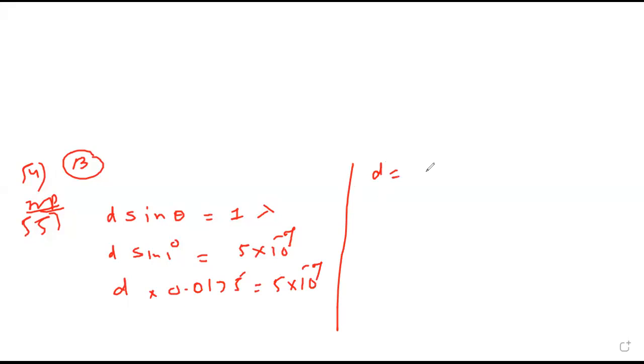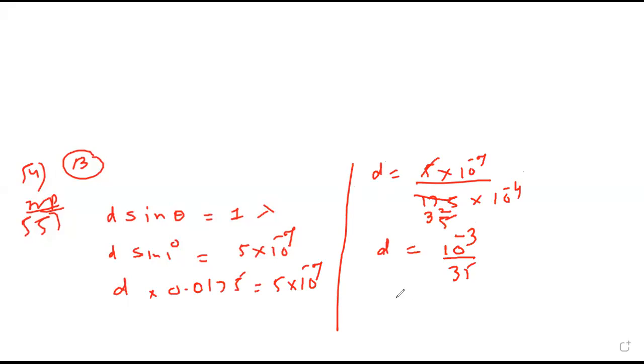Therefore, d will become 5 into 10 raised to minus 7 upon 175 into 10 raised to minus 4. 5 into 3 is 15. 5 fives are 25. So d will become 10 raised to minus 3 upon 35.